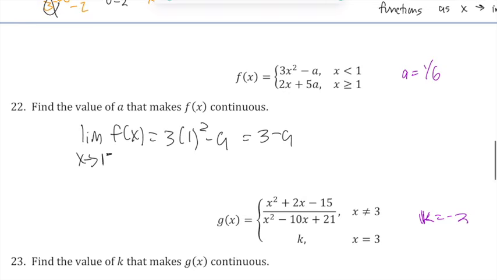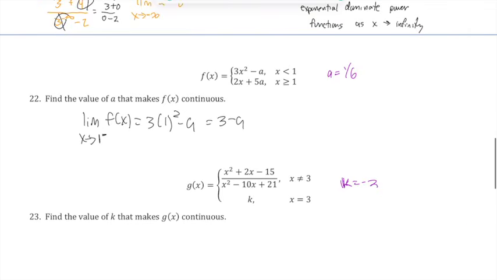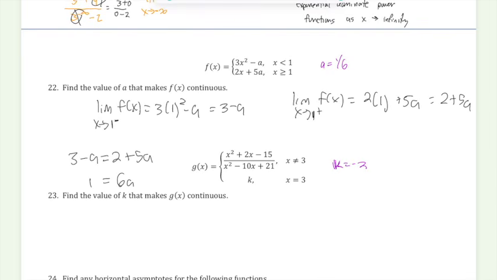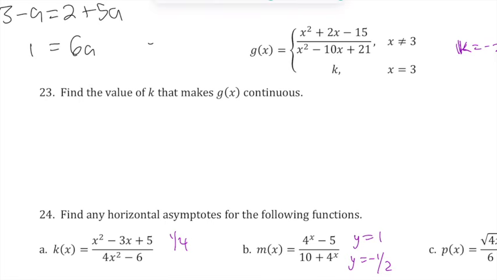And then we're going to do the same thing from the right. And again, from the right means we're bigger than 1, so we're going to use this equation. Plug in 1 to it. And that's going to give me 2 plus 5a. And then now we just got to set these equal and solve. All right, and then when you solve for a, you're going to get that a is equal to 1/6, which we see right here.